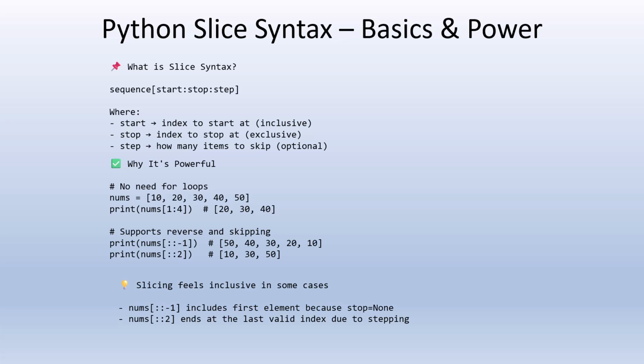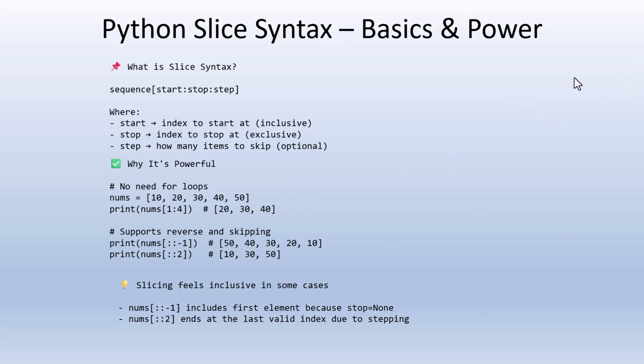So I just said that Python slice syntax is powerful and compact. So what is Python slice syntax? Let's revise it. I have done it in one of the lectures previously, but let's do it again. The sequence is start, stop, and step.